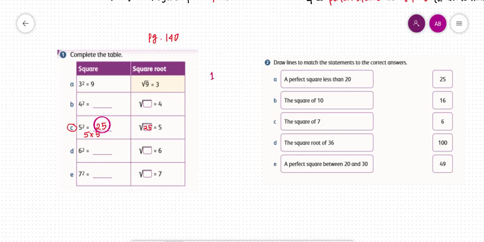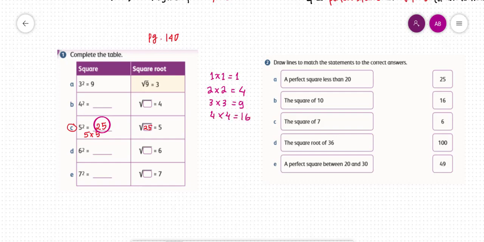Let's see. 1 times 1 is equal to 1. 2 times 2 is equal to 4. 3 times 3 is equal to 9. These are all perfect squares here, everyone, from multiplication 1 until 10. 4 times 4 is equal to 16.